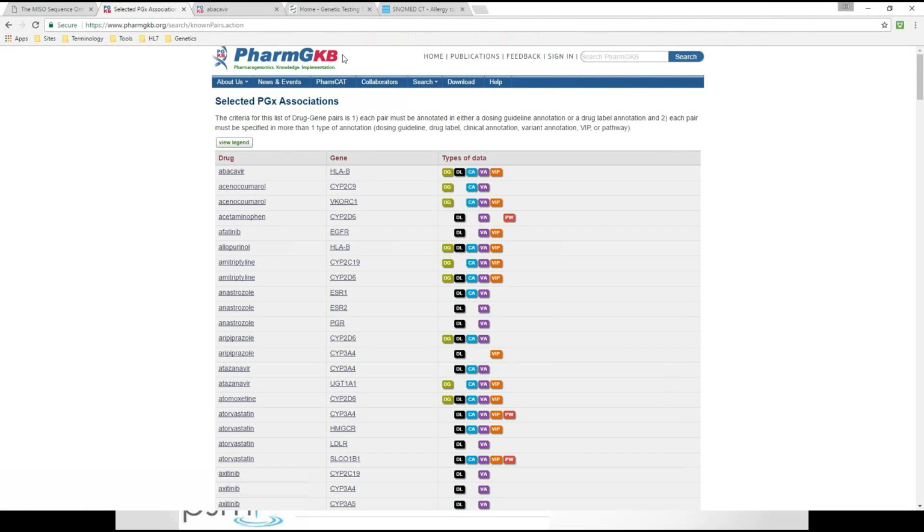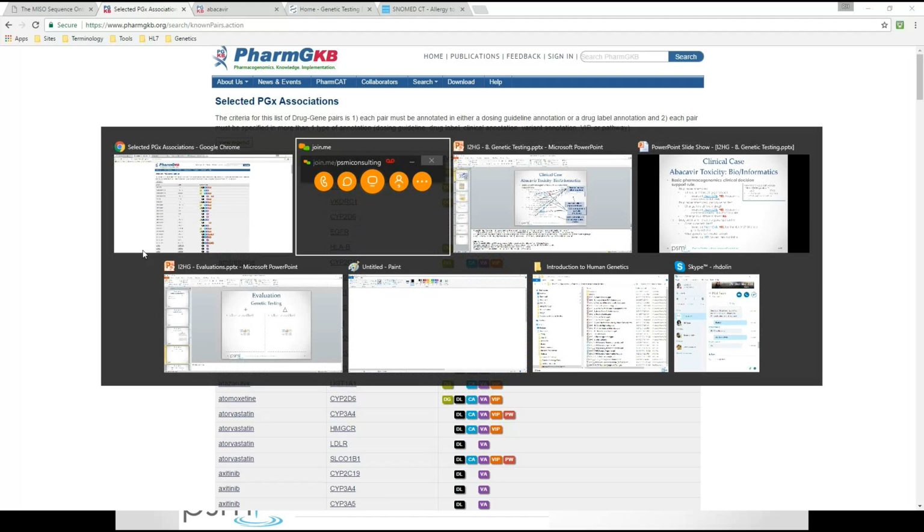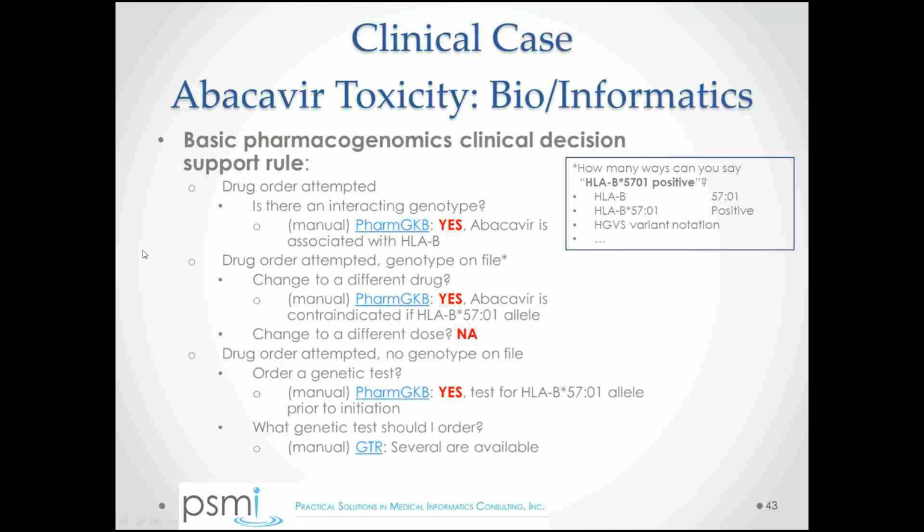The GKB website is nice in that it gives you a list of drugs and interacting genotypes. And so, for instance, in this decision support rule, if there is a drug on this list, then the answer to the question is, yes. Is there an interacting genotype? Well, if you see it on this particular list, then yes, abacavir is associated with HLA-B.